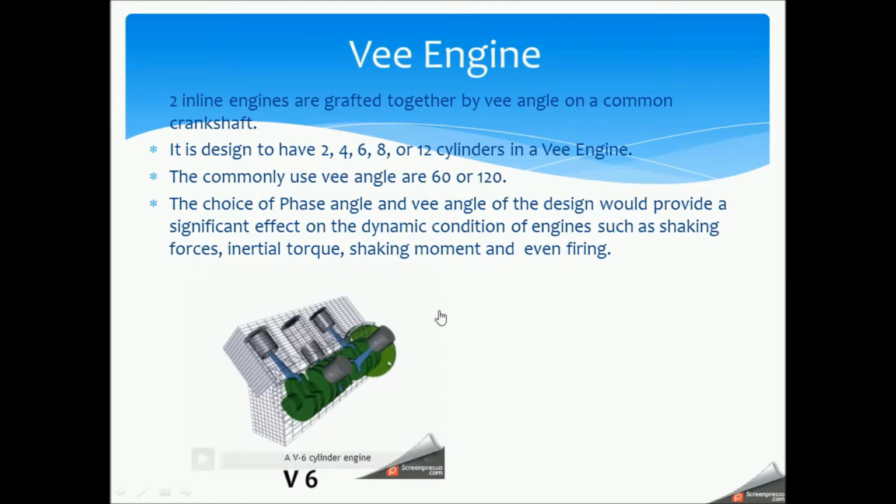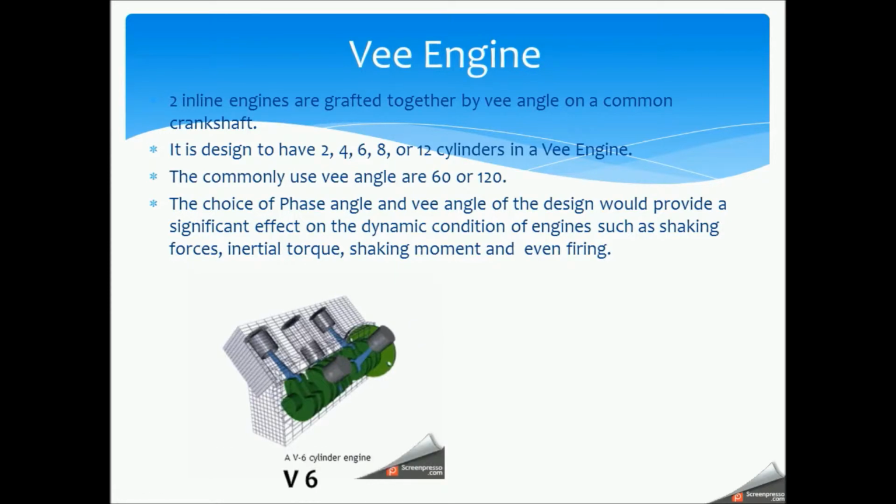So the two inline engines are merged together and joined by a common crankshaft in the middle. Usually the design will have 2, 4, 6, 8 or 12 cylinders for V engines.